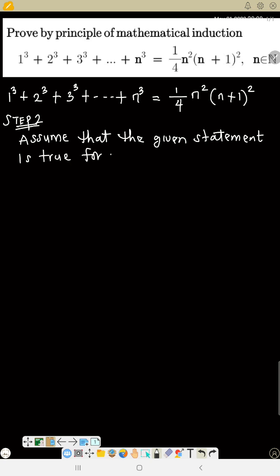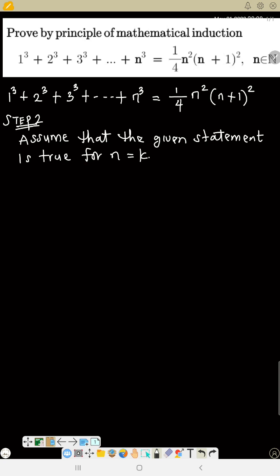Step 2: assume that the given statement is true for n equals k.